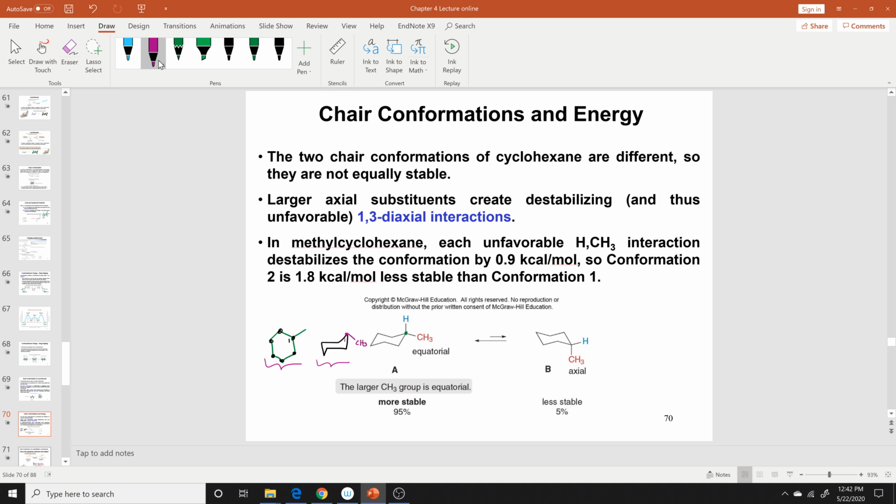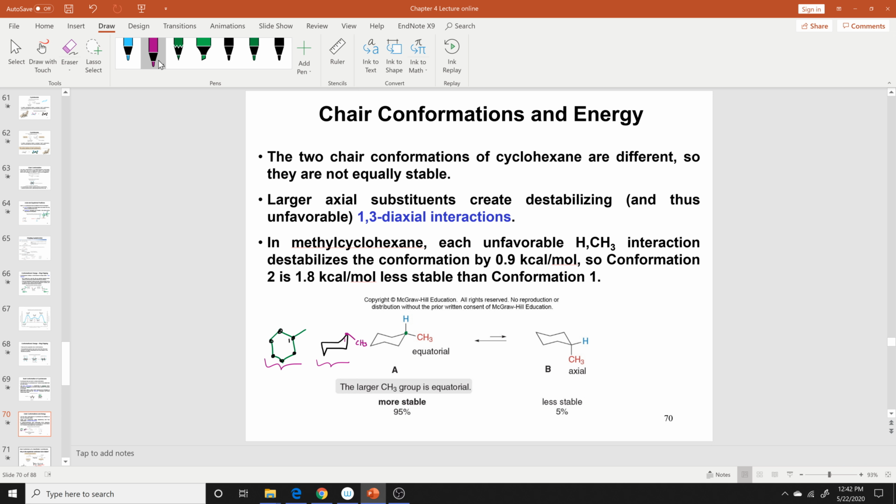The question is, go ahead and draw the second conformation of this chair and see which of these 2 conformations is more stable. To do this, I need to do a ring flip. How to do a ring flip? Let me go back here. Point out your axial hydrogen, your equatorial CH3.